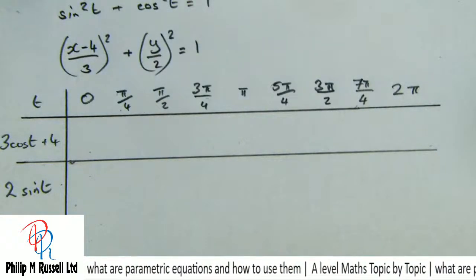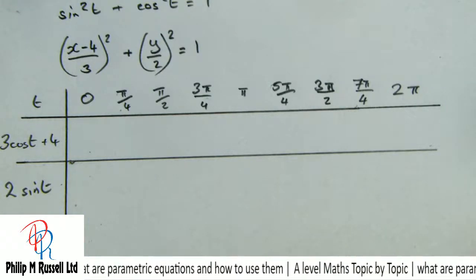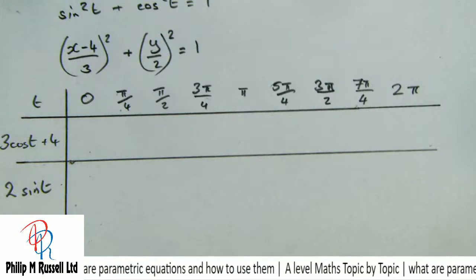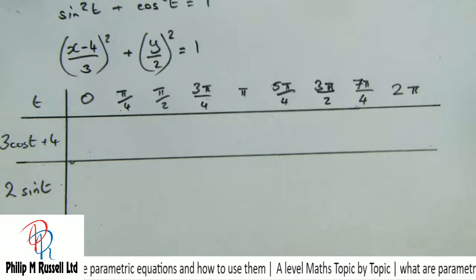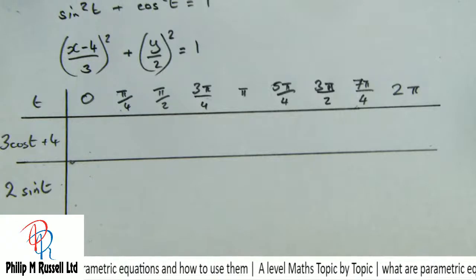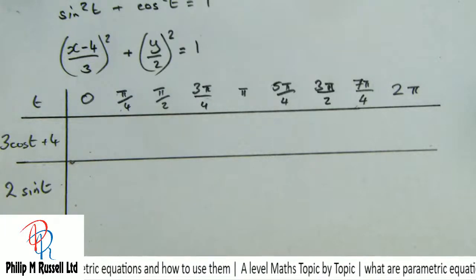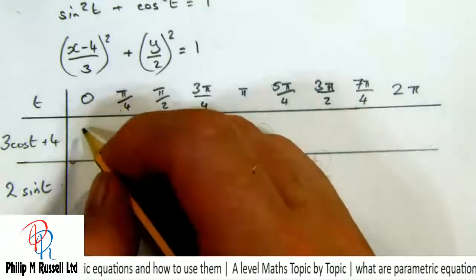Let's look at what we've got. Right, at 0, the cos of 0 is 1. 1 times 3 is 3. 3 plus 4 makes 7.